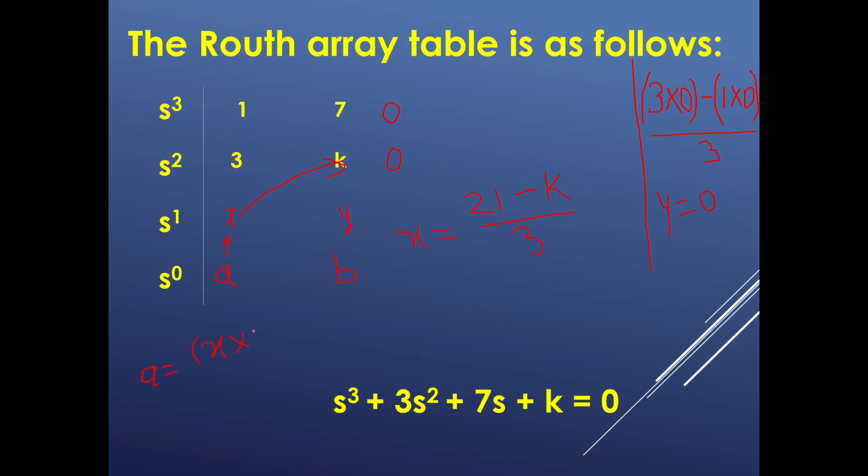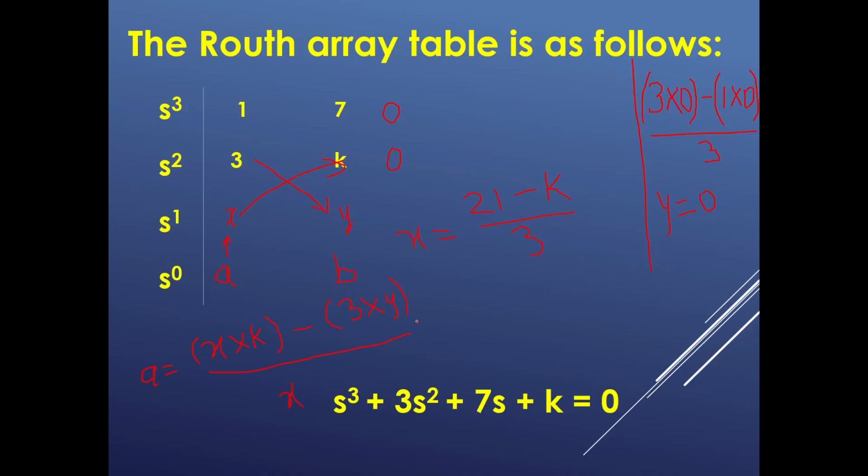X into K, minus cross multiply 3 into y, whole divided by x. Okay, whole divided by x. So A is equal to X into k minus 3 into y, whole divided by x.